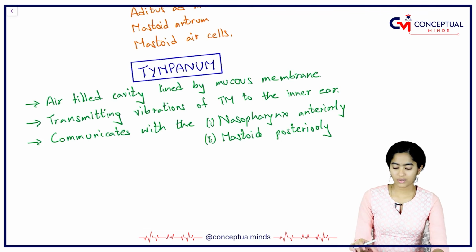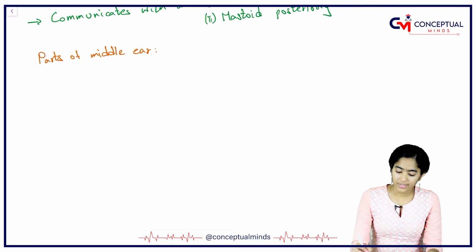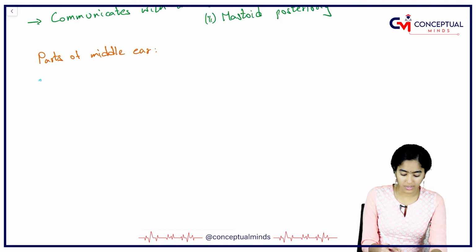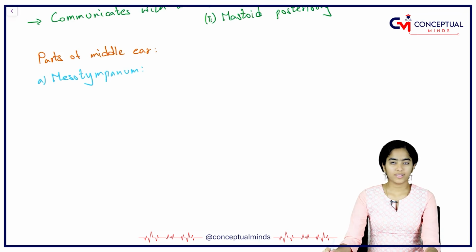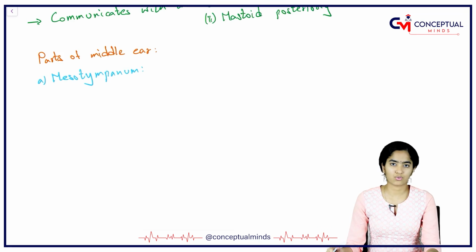Next, let us look into the parts of middle ear. The middle ear consists of three parts. First one is the mesotympanum. We know that the middle ear is bound by tympanic membrane on its lateral side.